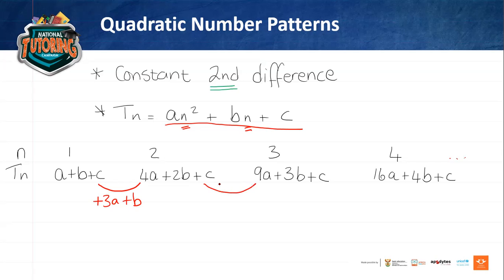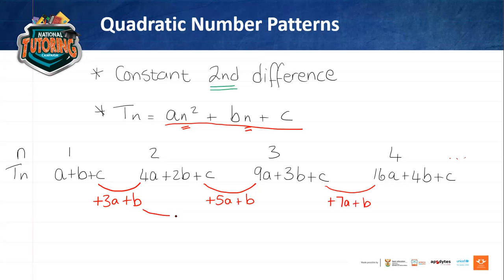From term 2 to term 3, from 4a to get to 9a, I had to add 5a, and from 2b to 3b, I add b. From term 3 to term 4, 9a to 16a, we added 7a. 3b to 4b, we added b. So we can see that the first differences in the general form are not constant.